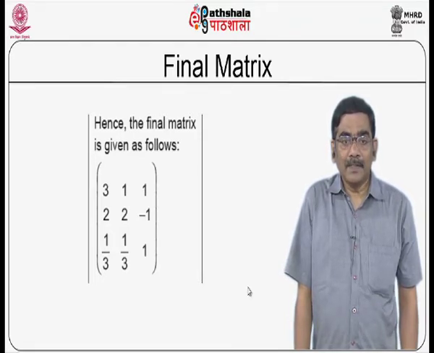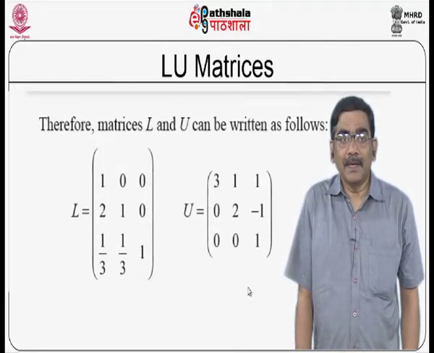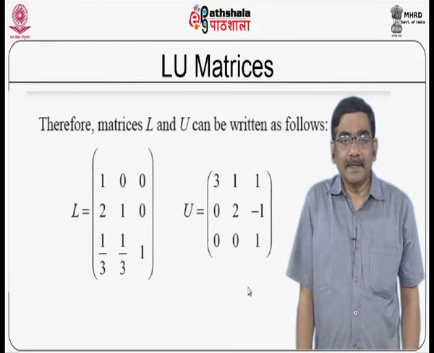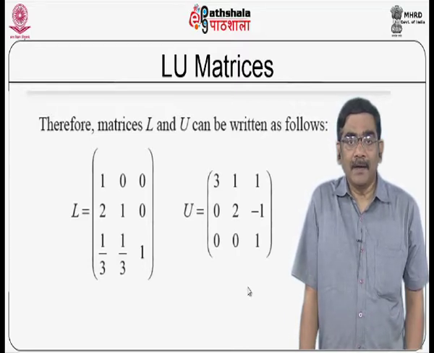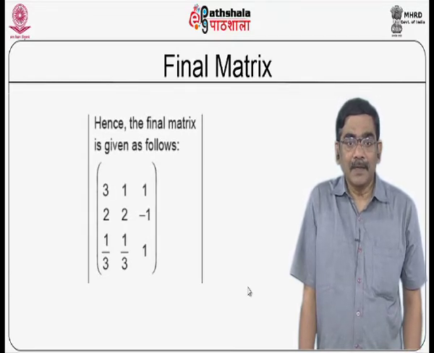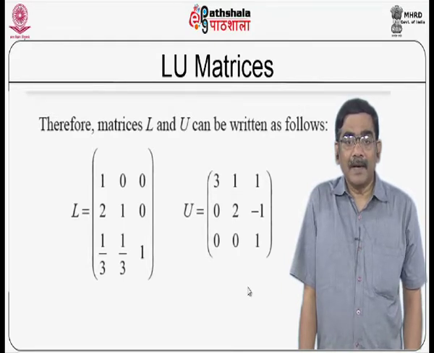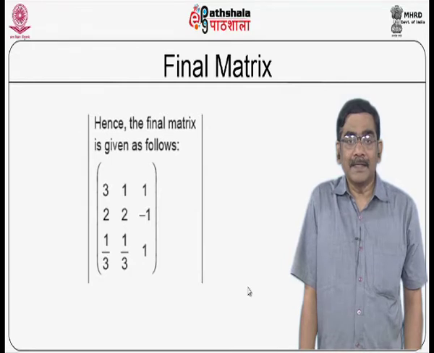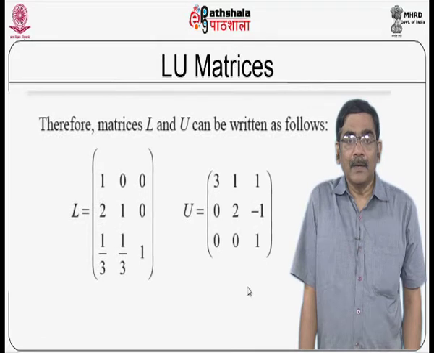Once we have this matrix, we can generate L and U like this. For the matrix L, the diagonal elements are going to be 1s, and all the upper elements are going to be 0, and the rest of the elements go as elements of the matrix L. For matrix U, it holds the values of the upper elements, and all the lower elements are going to be 0.